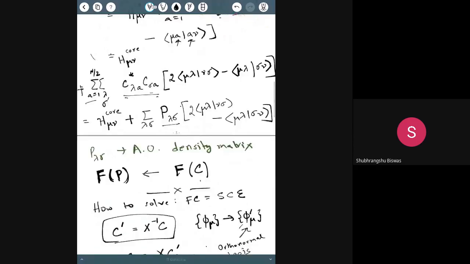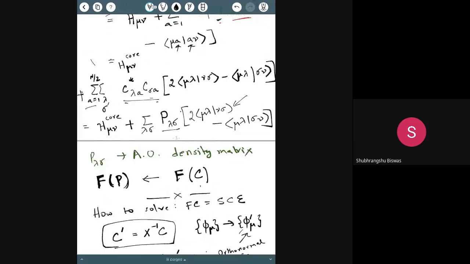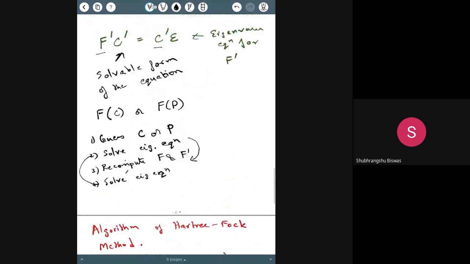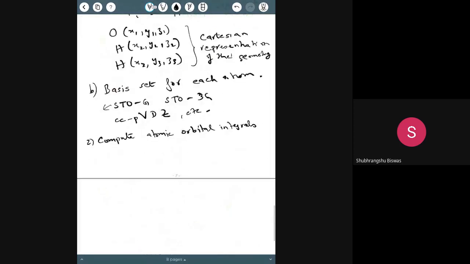So here you have the atomic orbital integral of the core part of the Hamiltonian, which is the kinetic energy and the nuclear electron attraction. And you have the Coulomb and exchange integrals of the atomic orbitals. The atomic orbitals are part of the basis and do not change during the computation. So you only need to do that once and keep it.